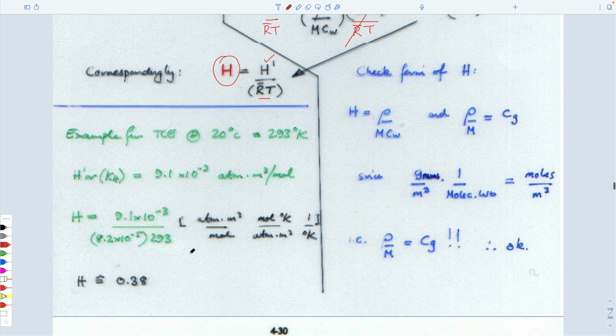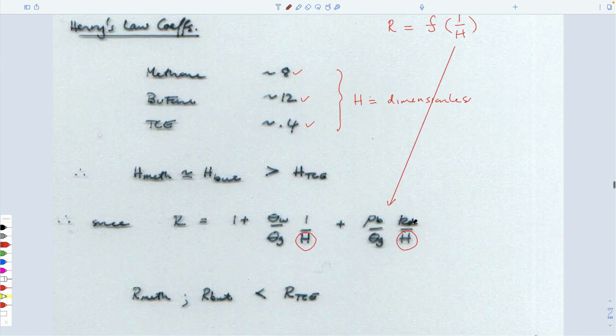And so a quick calculation for TCE here with appropriate units: Henry's law coefficient in atmospheres, meters cubed per mole. The units all drop out, as you can see here, and you end up with a Henry's law coefficient of roughly 0.4, which was the same as the one that we actually used up here.